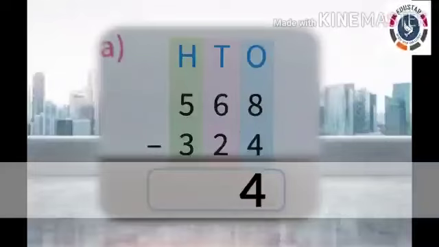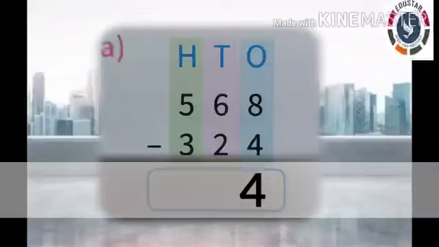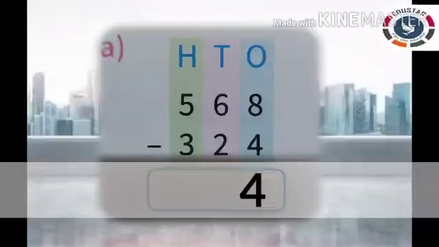Now check the numbers in tens column. The first number should be greater than the second number. Here you have 6 first, isn't it? So 6 is greater than the 2.